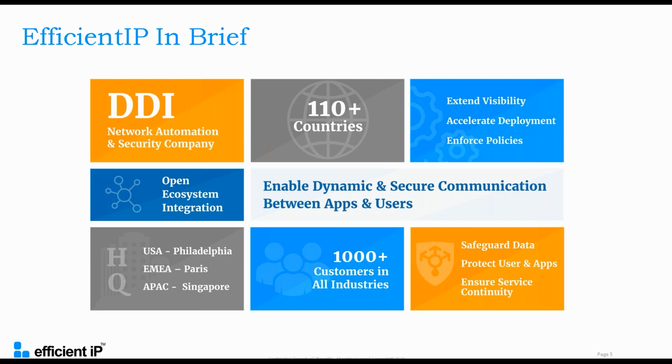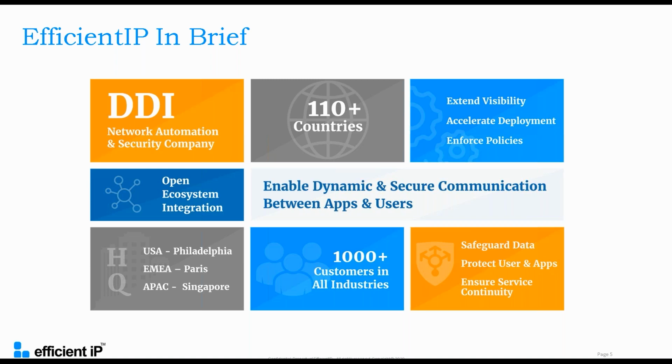Our mission and goal is to help all organizations deliver dynamic and secure communications between the apps and the users. So, protect the DNS on the network, in order to safeguard against any data theft, protect the users against malware, and ensure service continuity. We use open APIs, thus allowing us to send actionable data to the security ecosystem, such as SIEMs, SOCs, or security policy managers.